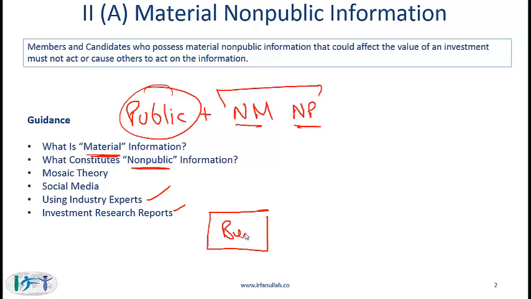Your buy recommendation, which will be released tomorrow, is, let's say, based on the mosaic theory and has been funded by a particular client. Given that this report was created based on public information and non-material, non-public information, it is okay for your client to get the benefit of this research and buy based on that research.